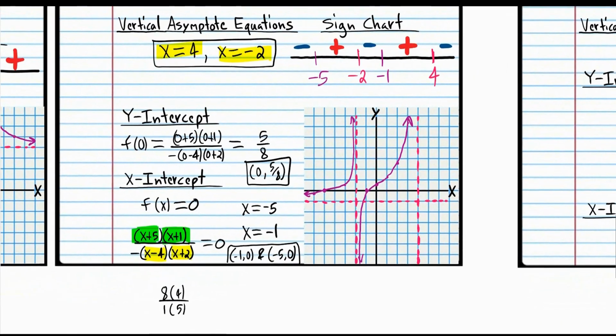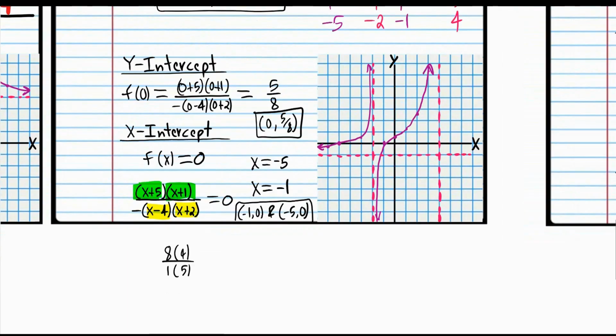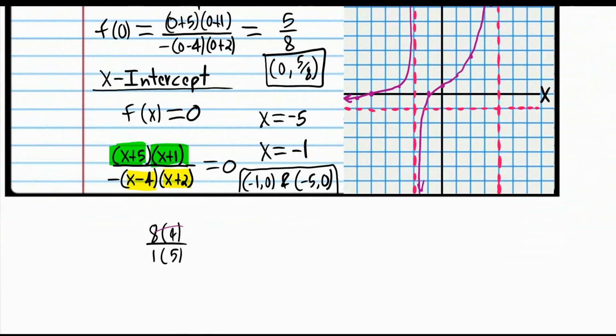So now let's plug in values over here. We know that our y values are going to be below the x-axis. Let's try plugging in 1, 2, 3, 4, 5. If we do that, we get 10 times 6 over negative 1 times 7, so 60 over negative 7.